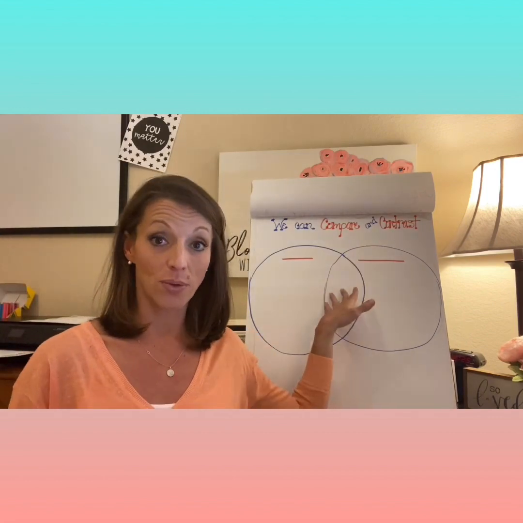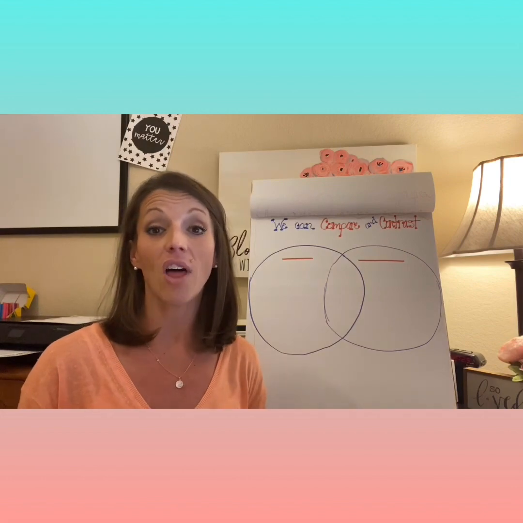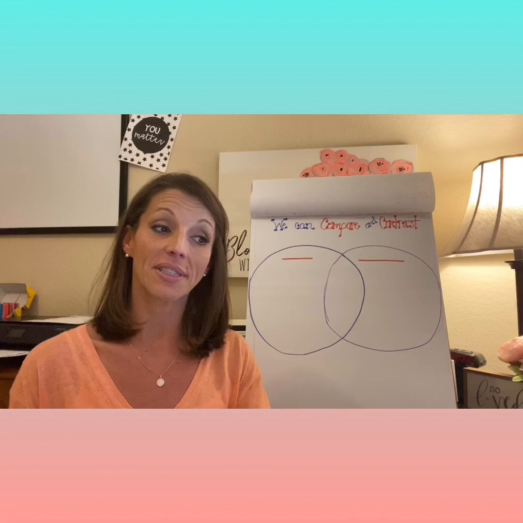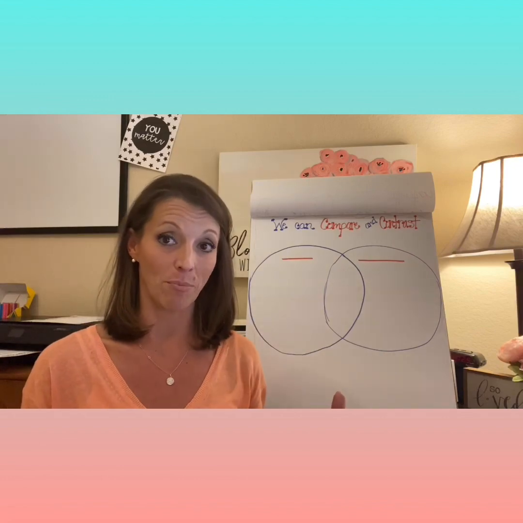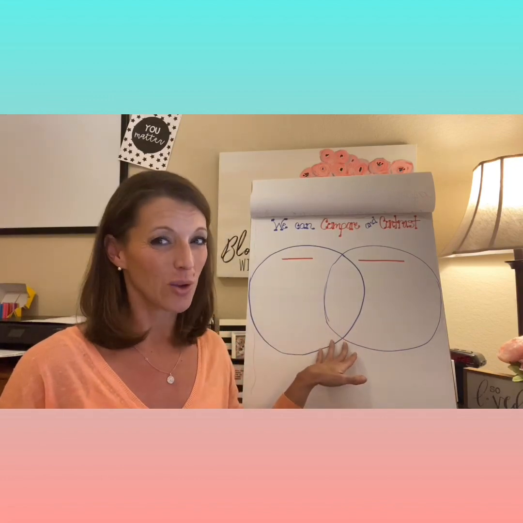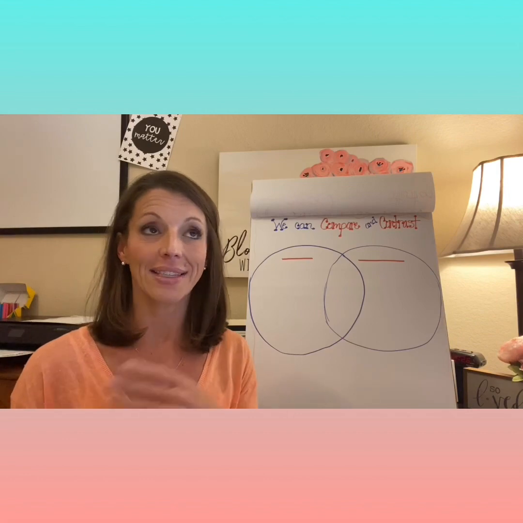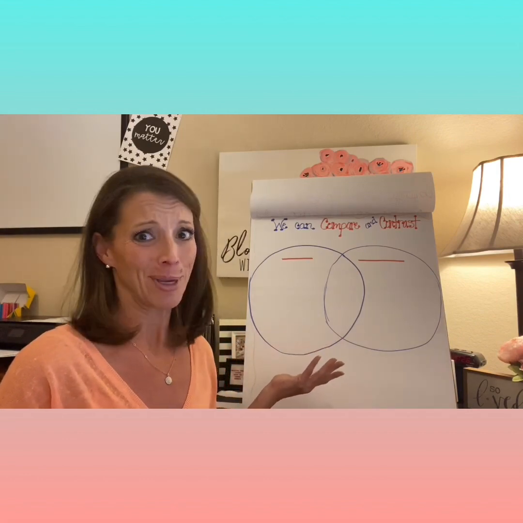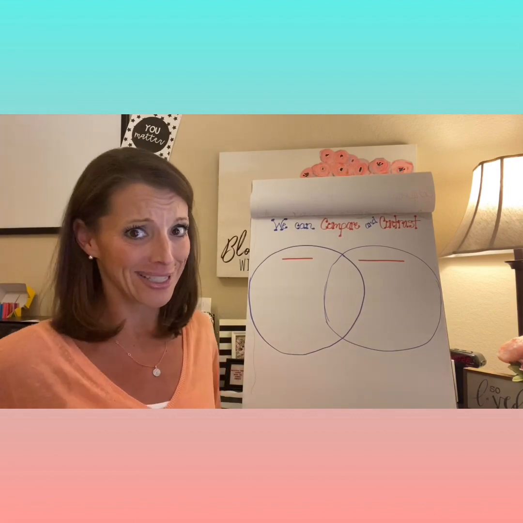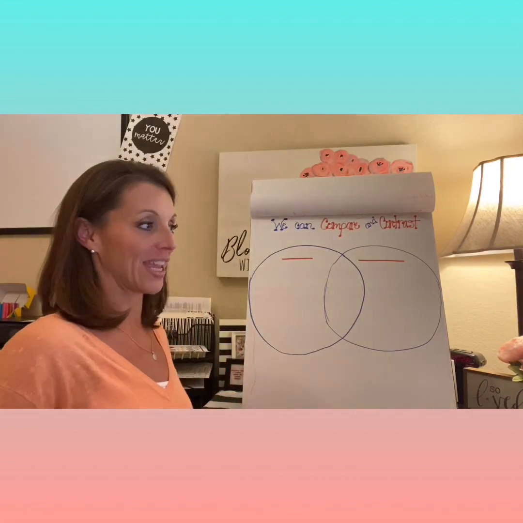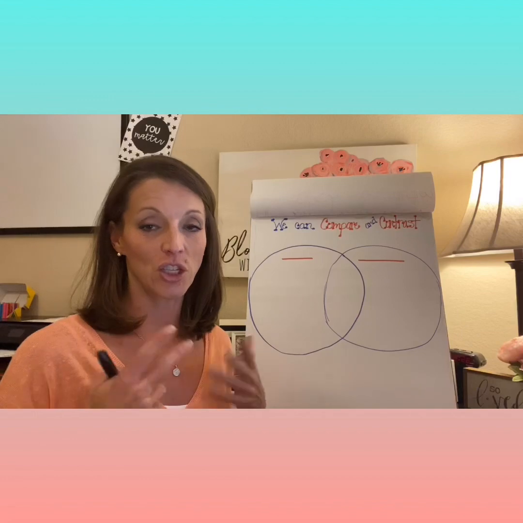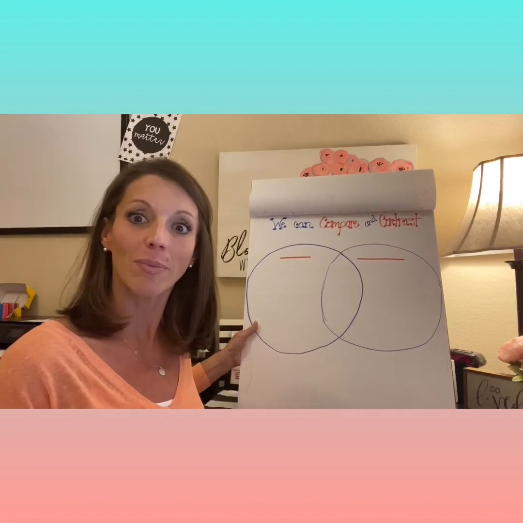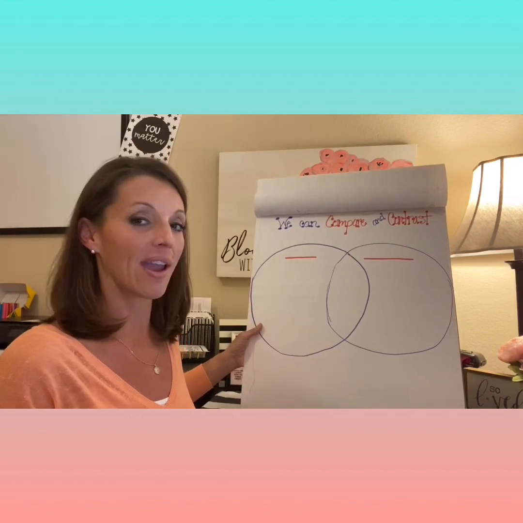And we're going to use a Venn diagram. We've used them a lot, so I want to make sure you remember how to use them. So I'm going to do an example, but I don't want to use the animals that we used this week, or you're going to be able to just copy mine down. I don't want that. I want to see if your brain is working. So I'm going to pick two other animals that we talked about a long time ago, like when we did the Arctic, okay?